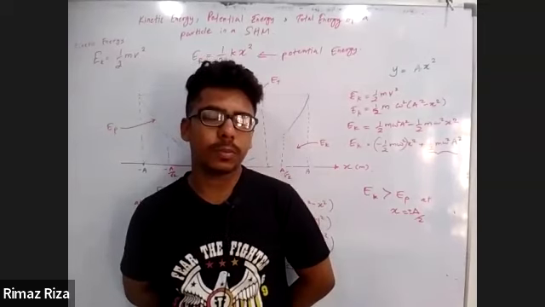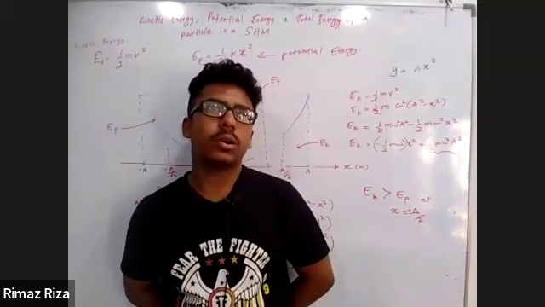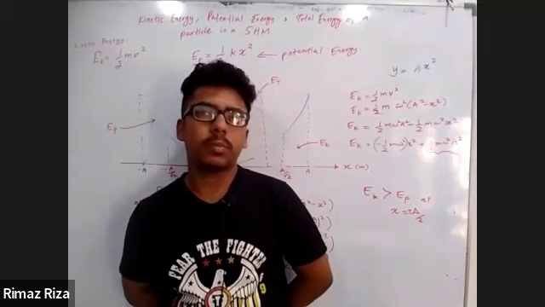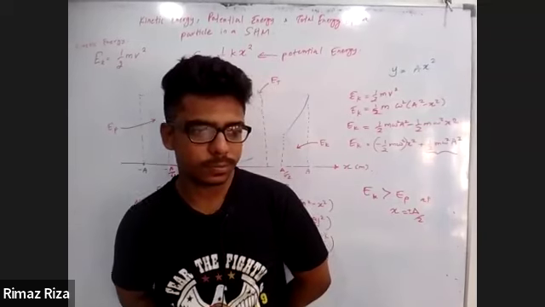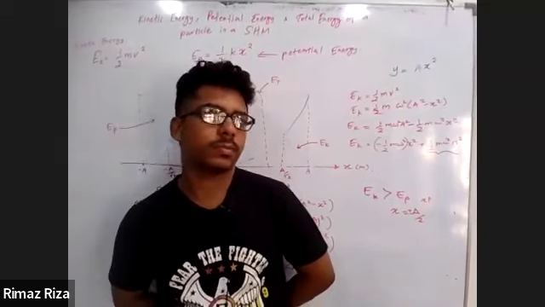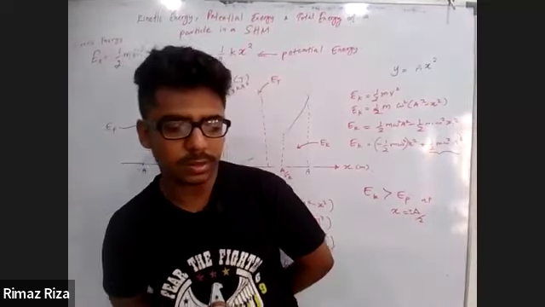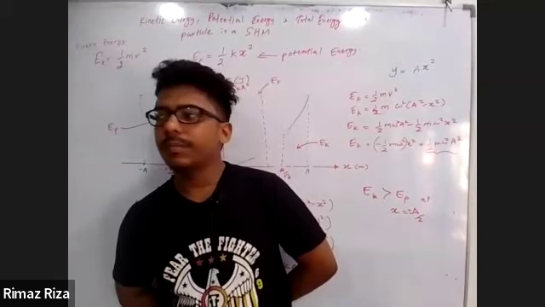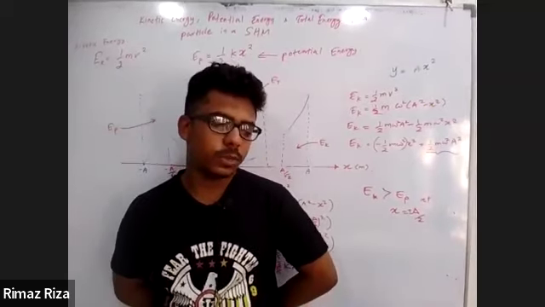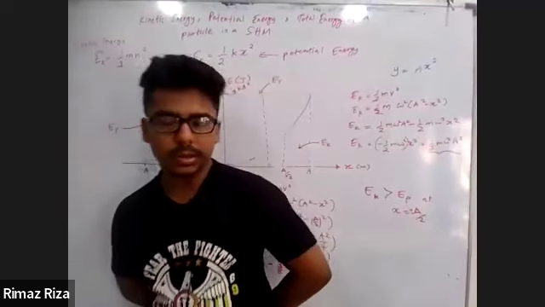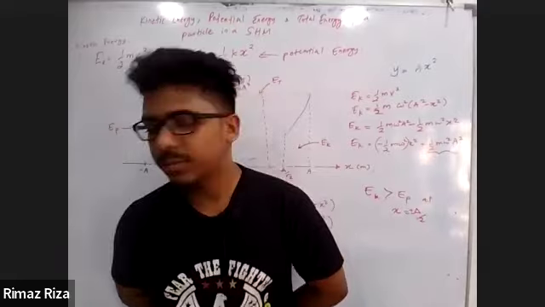The kinetic energy of a particle in simple harmonic motion is 2 times its potential energy at a certain displacement. Find this displacement.